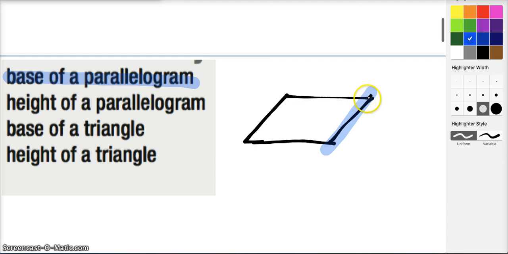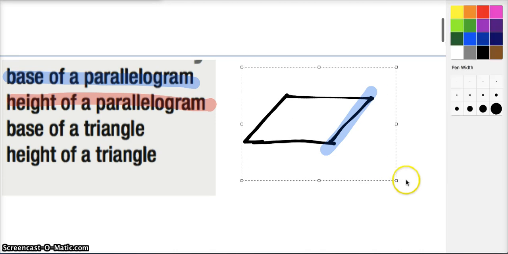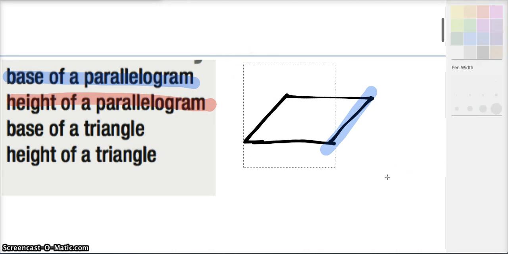How you determine whether you're dealing with the base of a parallelogram really comes with the next definition, the height of the parallelogram. The height of the parallelogram, I'm going to highlight in red here, and I am going to change the orientation of this just for drawing purposes.